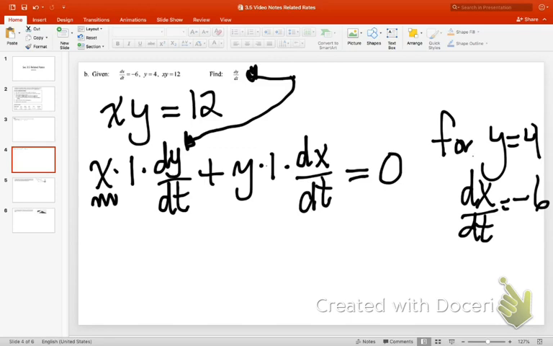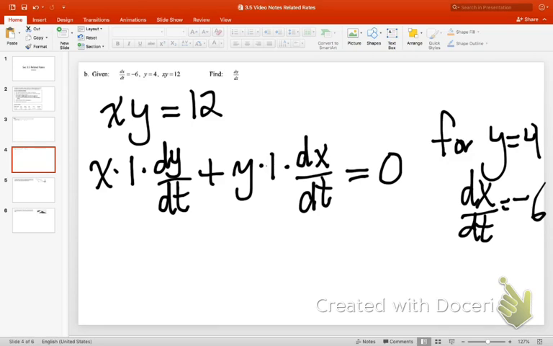So if I know y is 4, and I need to get x. Oops, I don't even want to erase all that. How could I use the information that's given so that we can plug everything in and only have one unknown?